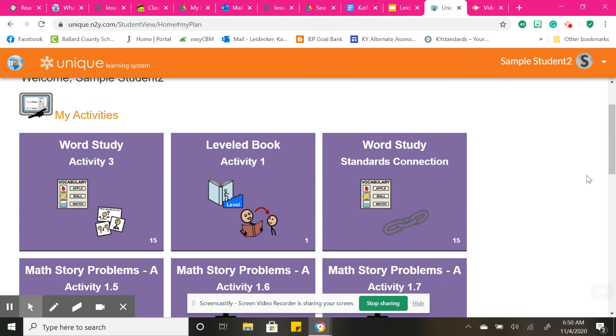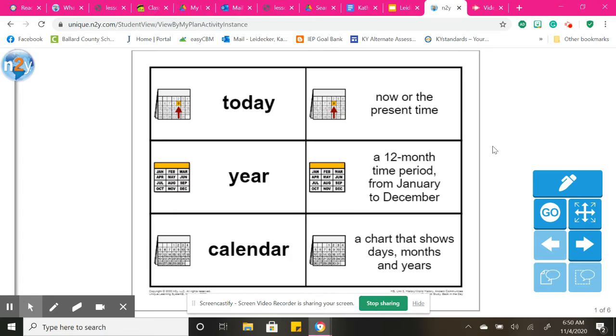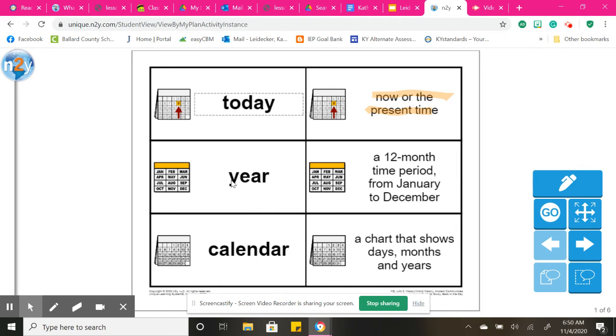So going to my N2Y program, every morning students will do their word study. So I will read these new ones today. Again, if you click on it, it will read it to you. A lot of students like to highlight. So today is now or present time. So that's what these features are for here.